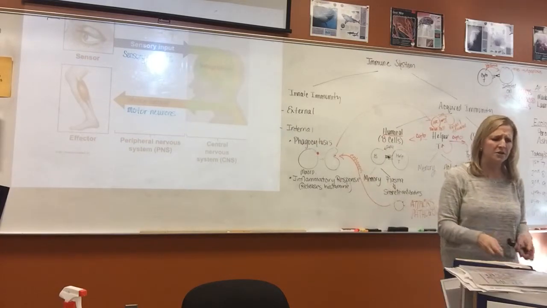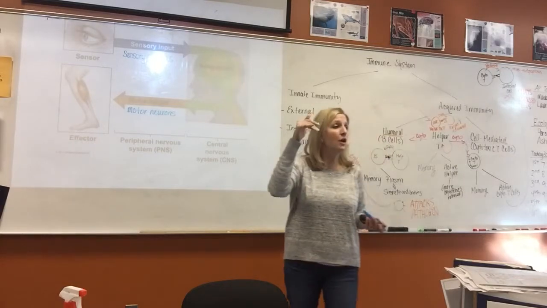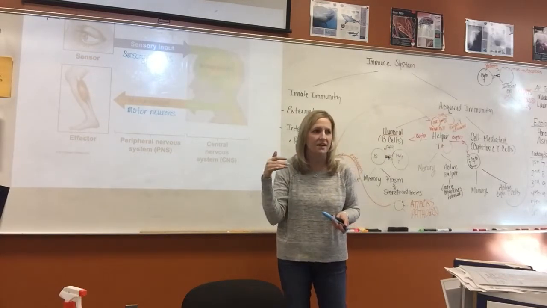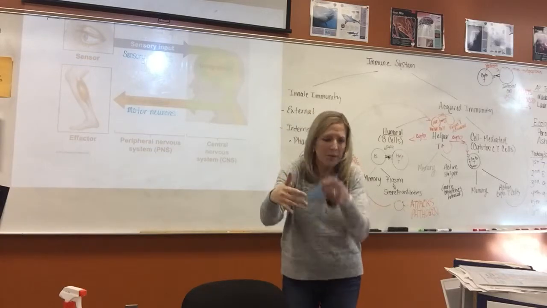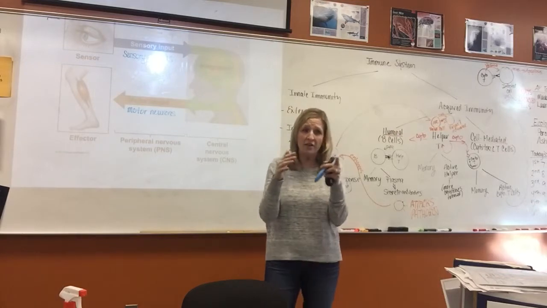So let me use another example with touching something hot. If you were to touch a hot burner, you pull back almost instantaneously. You probably couldn't even clock how fast that is because you pull back so quick. So imagine all of the things that have happened.